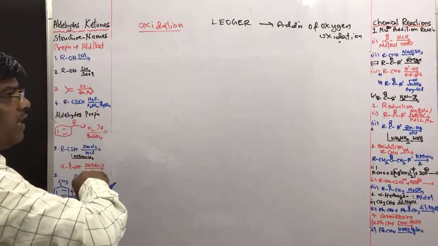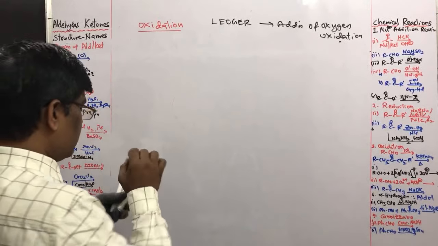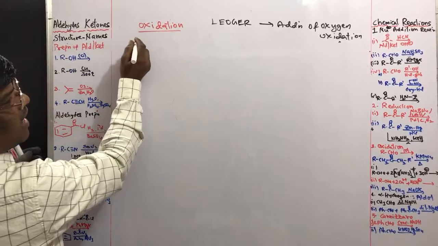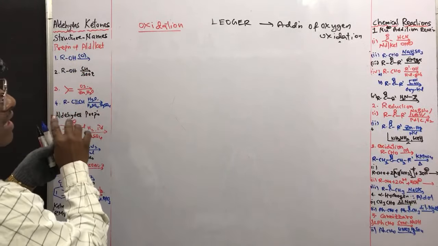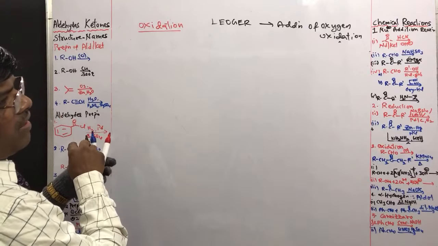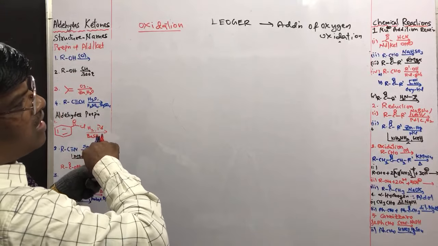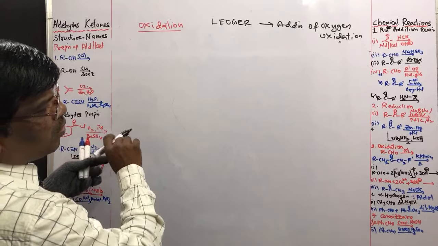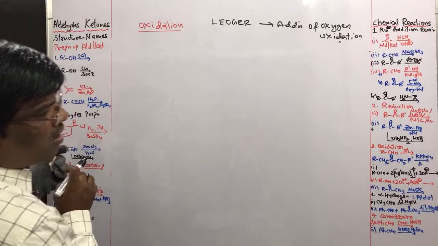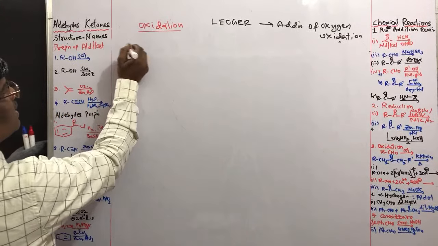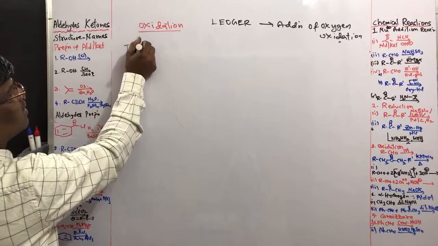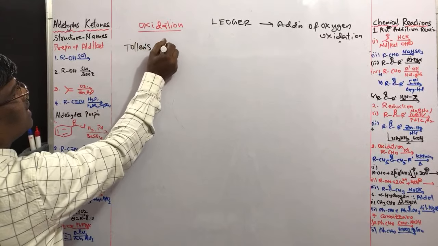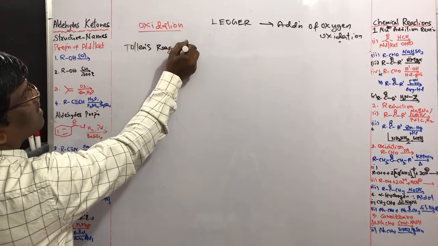Most of the time you will get a direct question: what is Tollens reagent and why is it used. Sometimes it will be asked in a direct way. Let us see the oxidation of aldehydes using Tollens reagent. So what is Tollens reagent? Tollens reagent test or Tollens test.